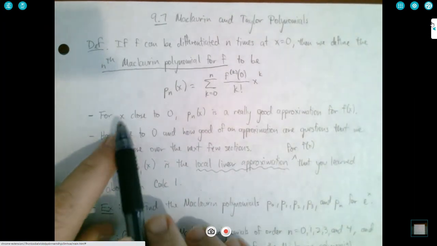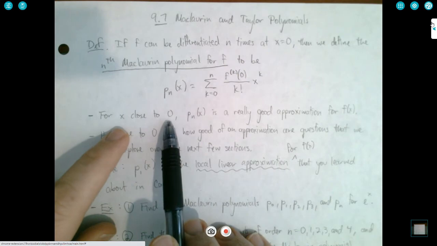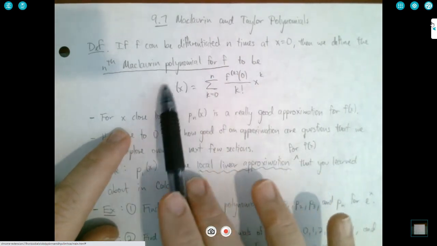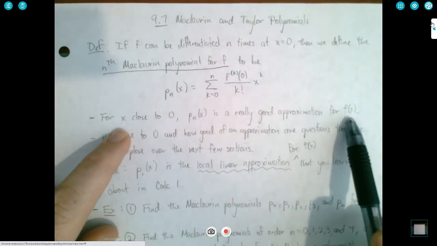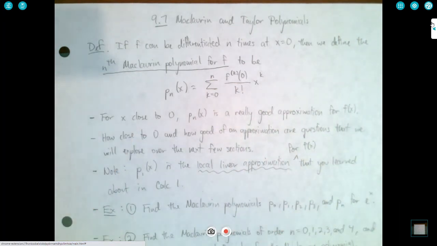So as I said, as long as x is pretty close to 0, this is a really good approximation for the function f. Which is a nice thing if f is something like a natural log, for example, and you want to write a computer program to approximate the value of the natural log of different numbers.